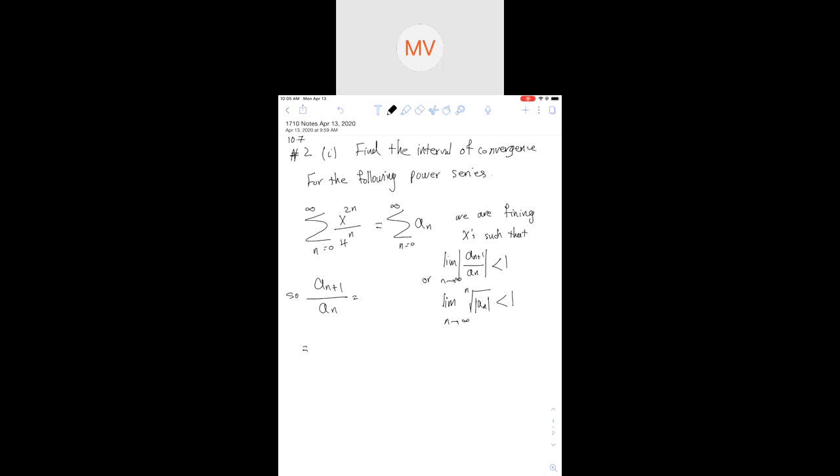So a sub n plus 1 over a sub n equals, you have to do absolute value, but it's positive already, so it's okay. You have to replace n with n plus 1, and reciprocate the other one, x to the 2n. Is that correct?